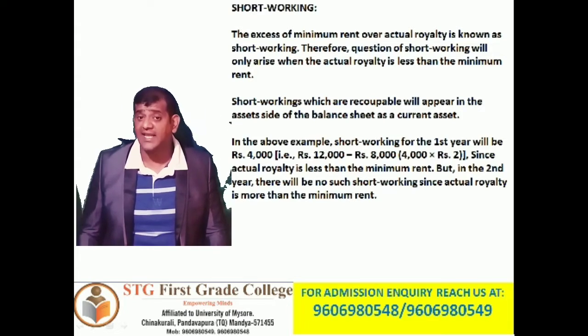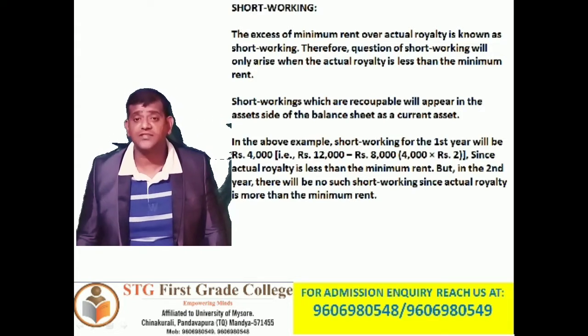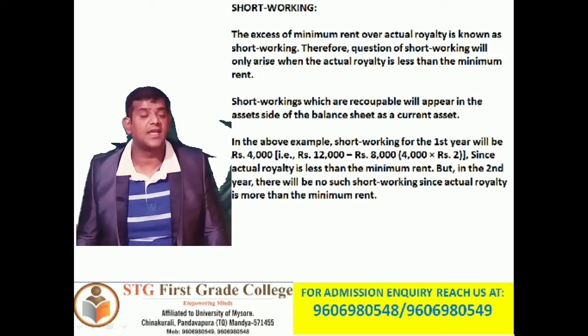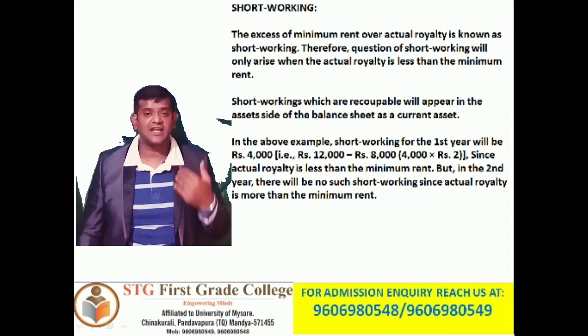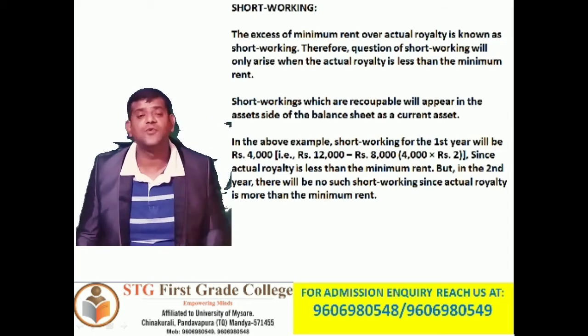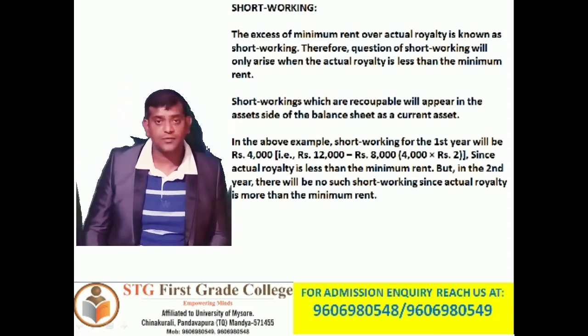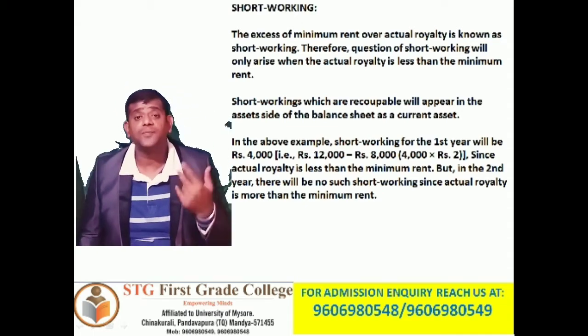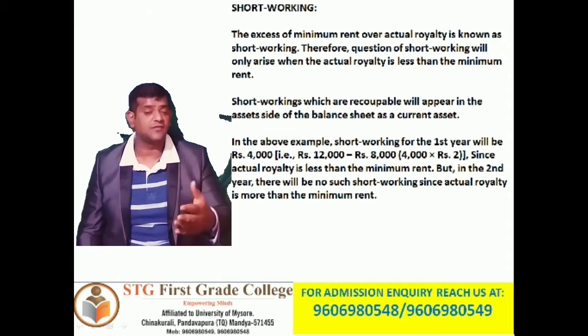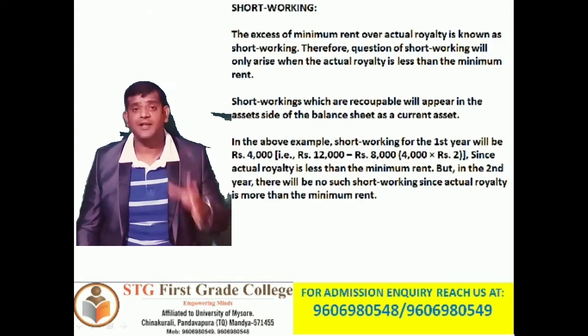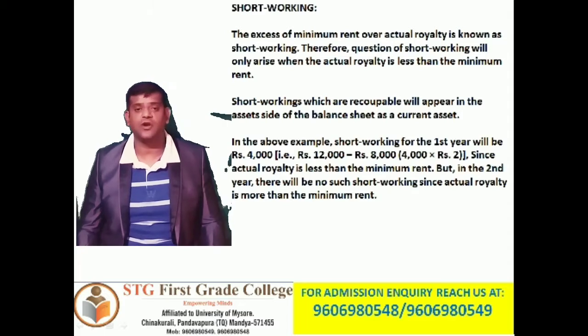But in the second year there will be no such short working, since the actual royalty is more than the minimum rent. 8,000 tons have been produced at rupees 2, so that is 16,000, whereas minimum rent has been fixed at 12,000. I believe you have understood what exactly short working is.